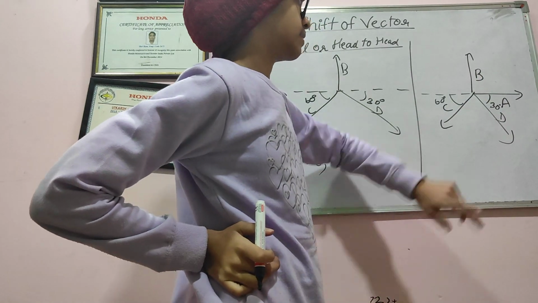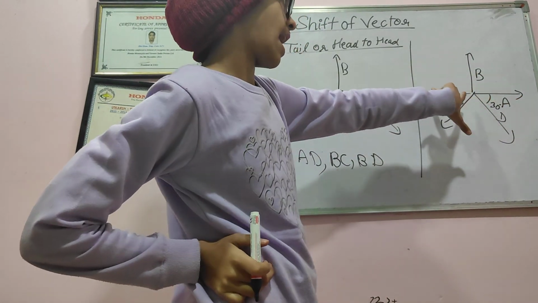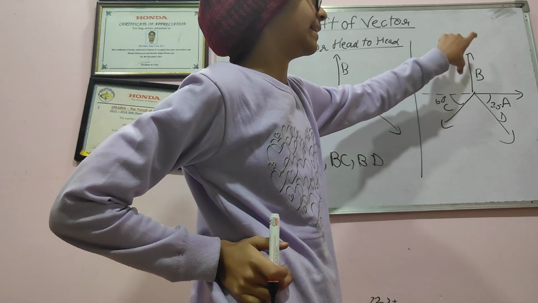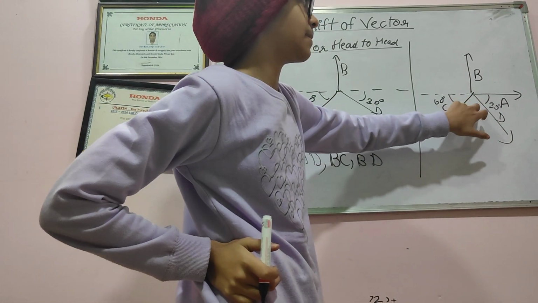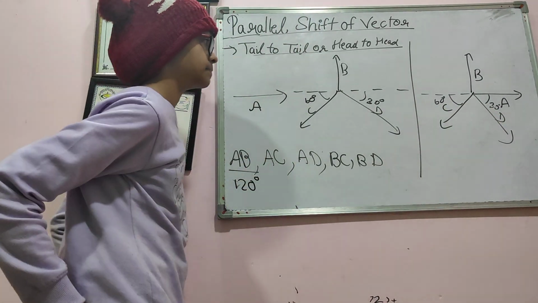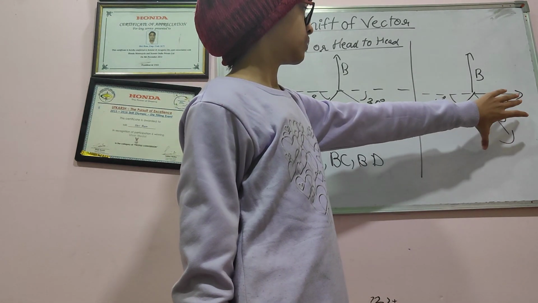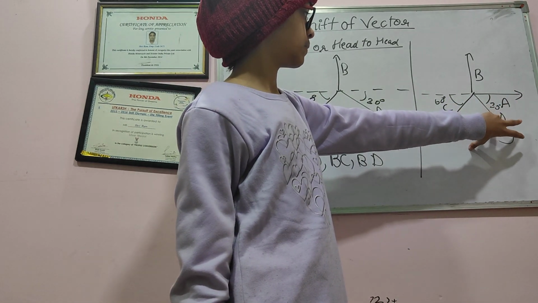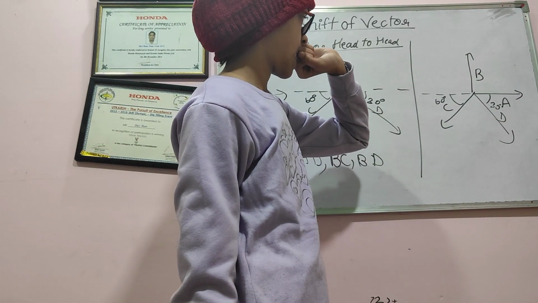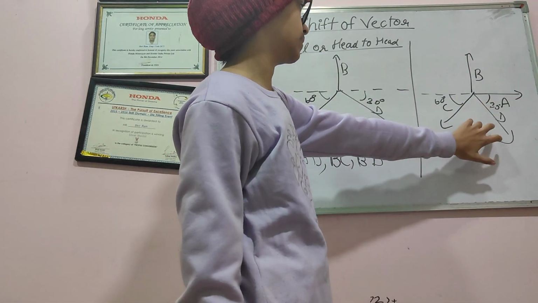AB. This is half angle. As the straight line is 180 degree, this is half of that, 90 degree, and 90 degree plus 30 is equal to 120 degree. AC. From here only.